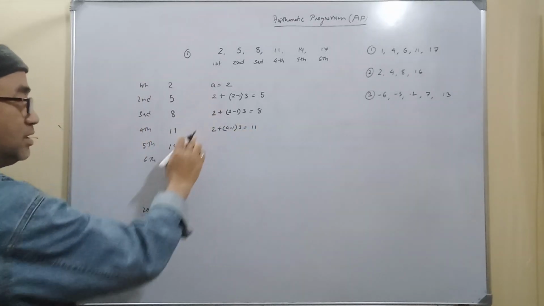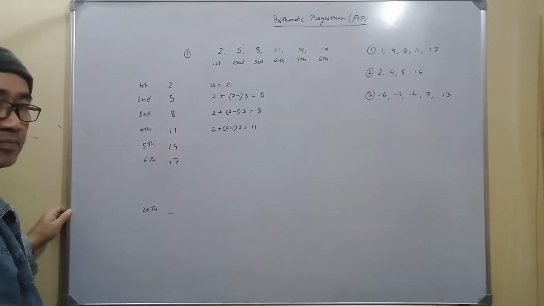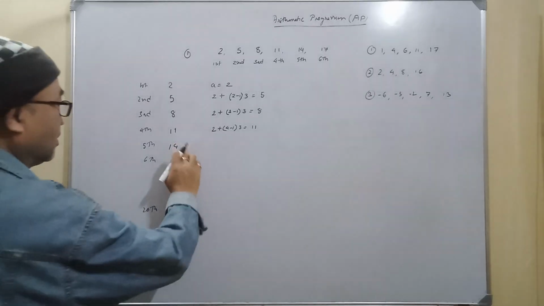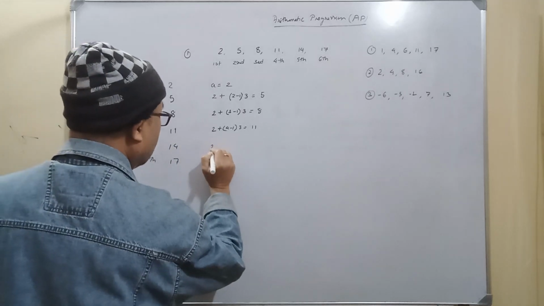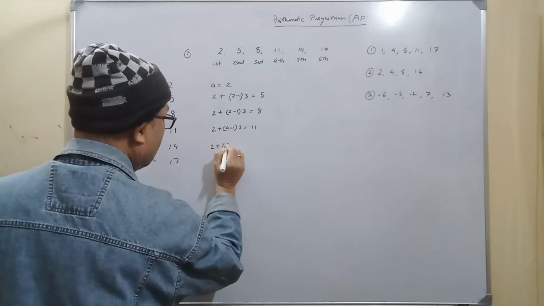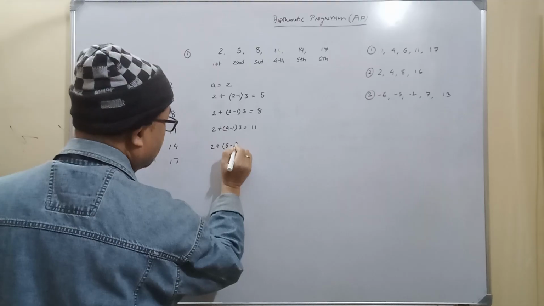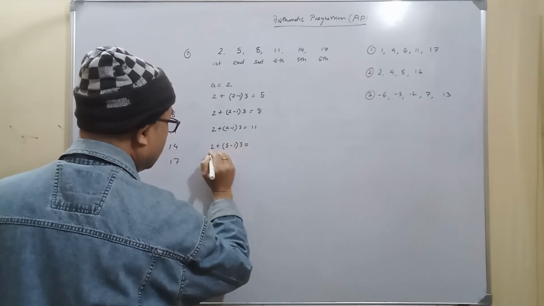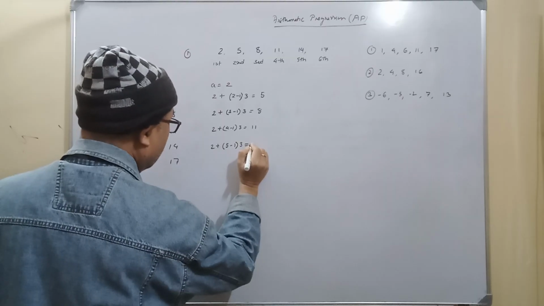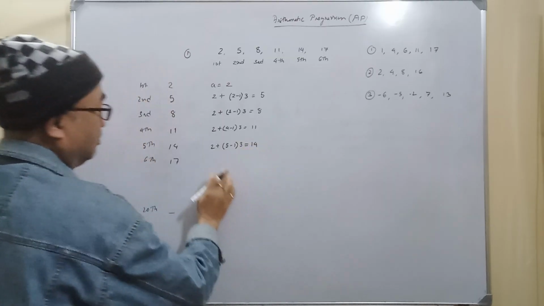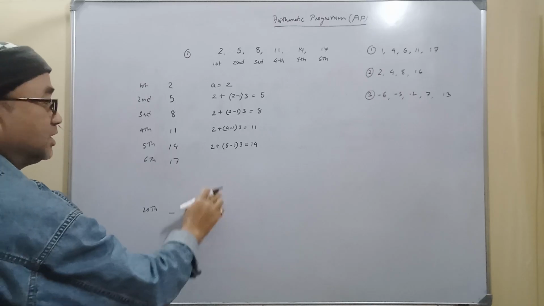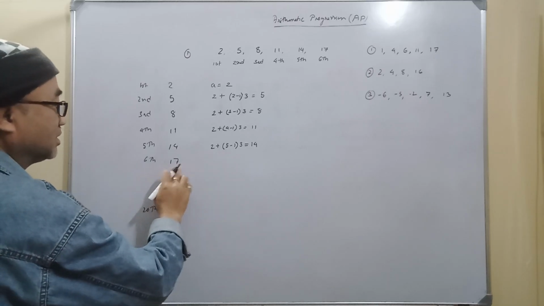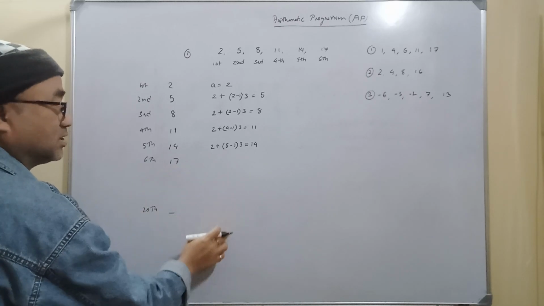Do you see a pattern here? The fifth term is obtained by subtracting 1 from 5, then multiplying by the common difference, then adding the first term. We get the fifth term, right? So it is obvious what will be the sixth term, seventh term, eighth term, ninth term, etc.